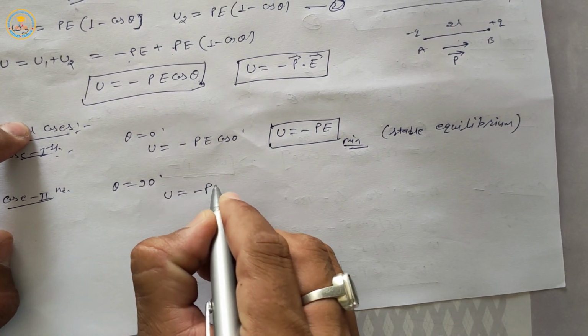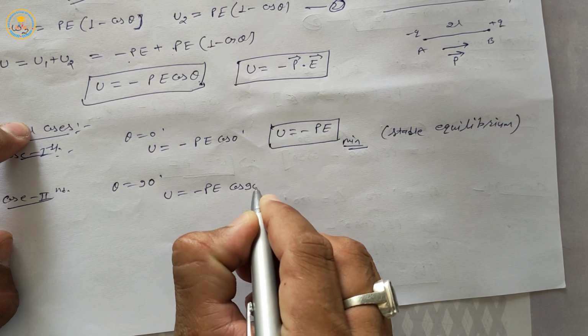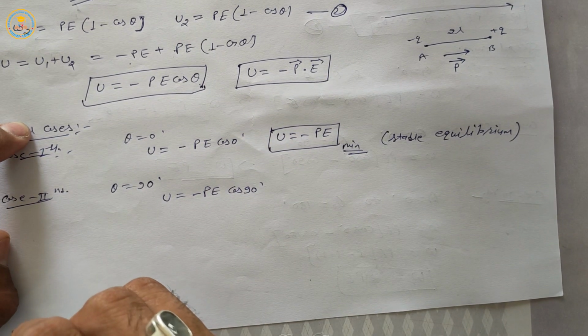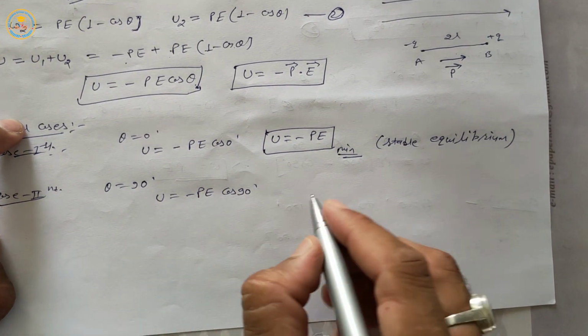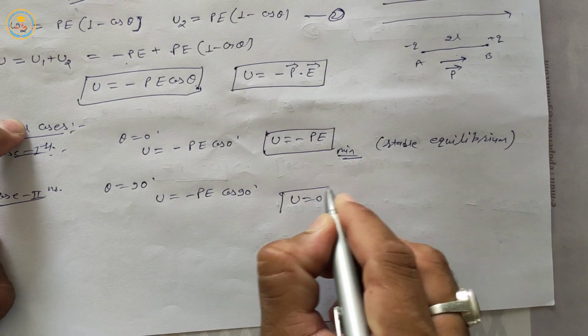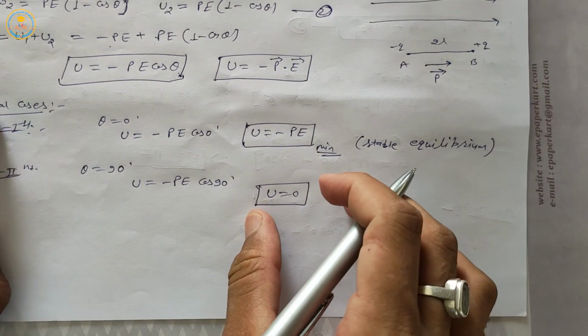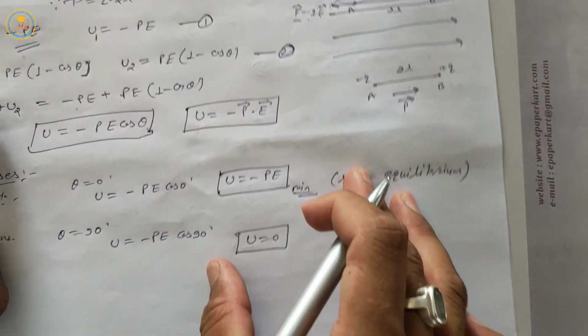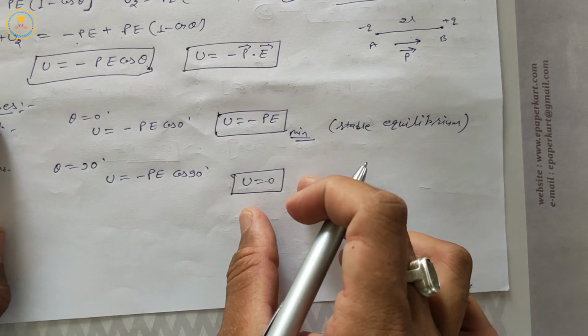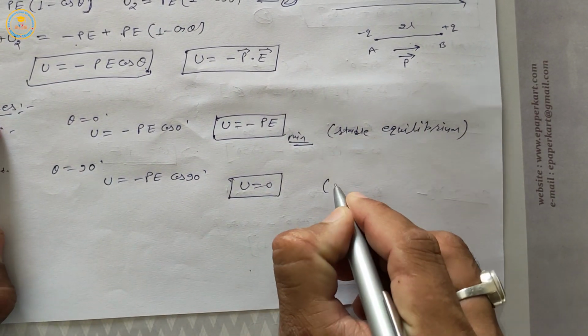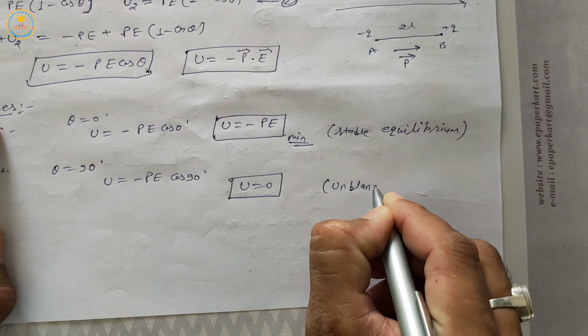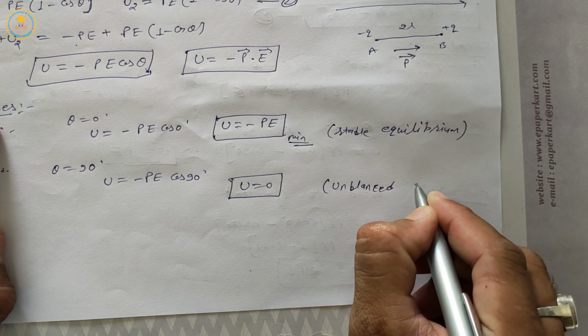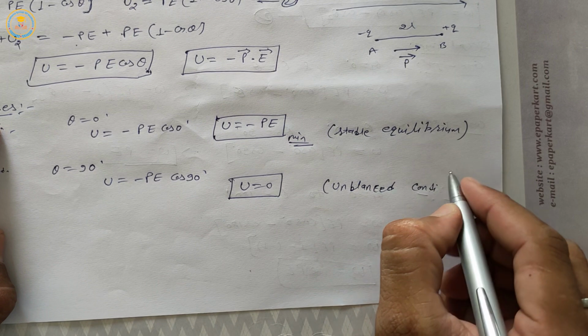So U is equal to minus pE cos 90, and we know that the value of cos 90 is equal to 0. So U is equal to 0. In this case, the potential energy of the electric dipole will be 0, and this is the unbalanced position or condition.